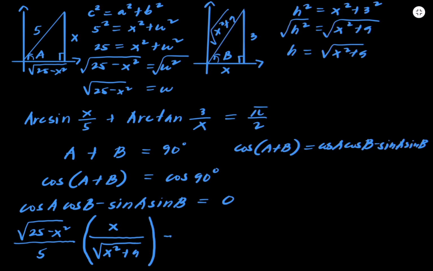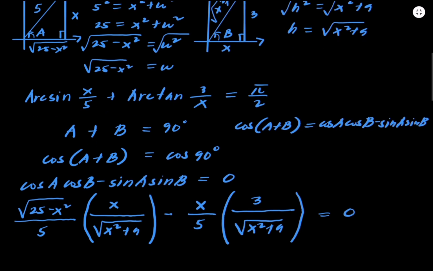Now, minus sine of A, opposite over the hypotenuse, and then sine of B, opposite over the hypotenuse, the root of x squared plus 9. And everything is equal to 0.